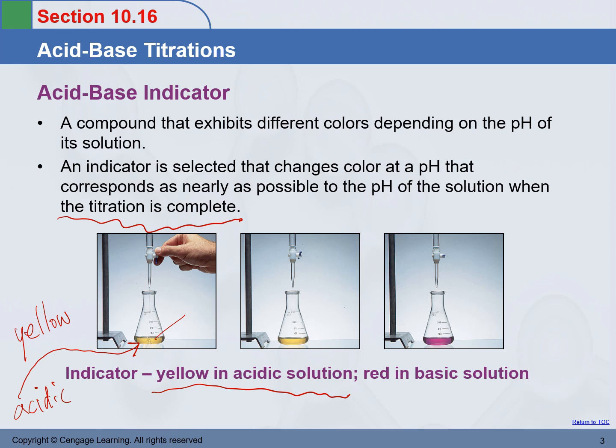The solution is yellow. Then we start the stopper, dropping in basic solution, and they will react in the solution. While they are reacting, the solution pH is increasing, because initially it was an acid and you are adding base to it. Base will consume the acid.